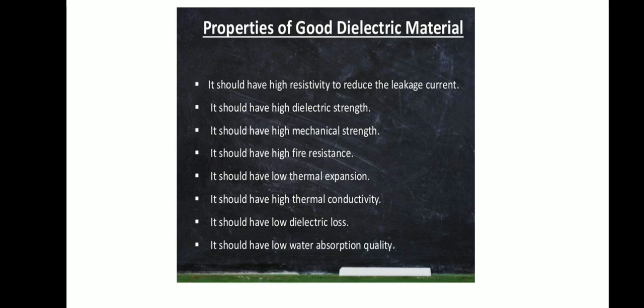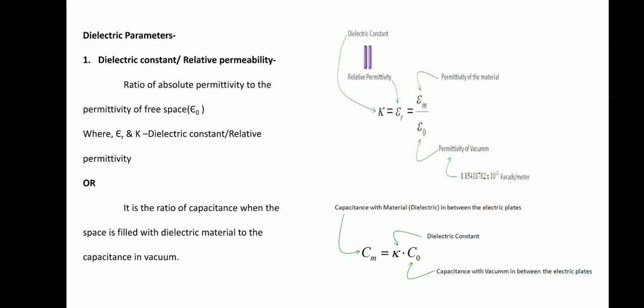Next, low thermal expansion. Next, high thermal conductivity, low dielectric loss, and the last property of dielectric material, it should have low water absorption quality. So these are the properties of the dielectric materials.